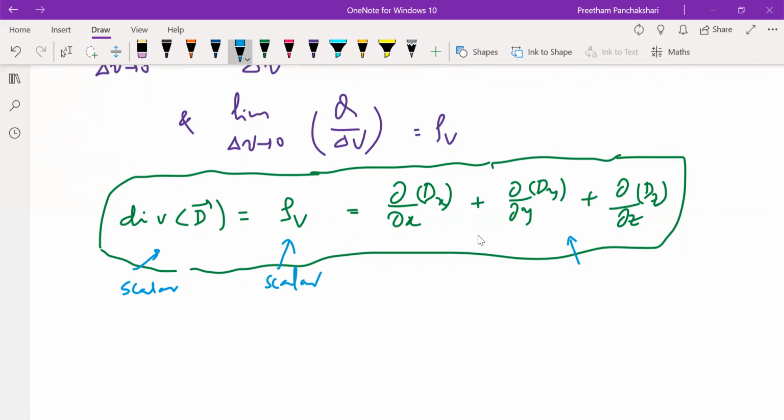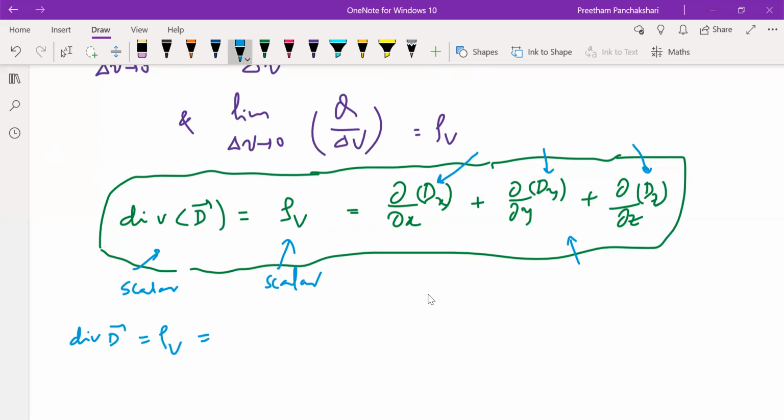There are no unit vectors, but in the last term, we have D in component form. So if you bring back the vector form of D to the last term, we'll get one more useful equation: div D is equal to rho v. The last term can be expressed as a dot product of two vectors because D is a vector, but whatever the outcome we have is a scalar.